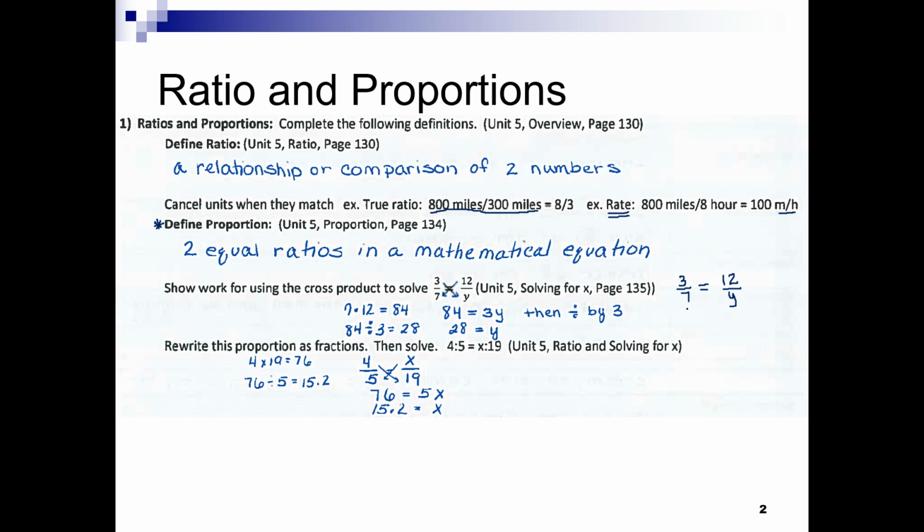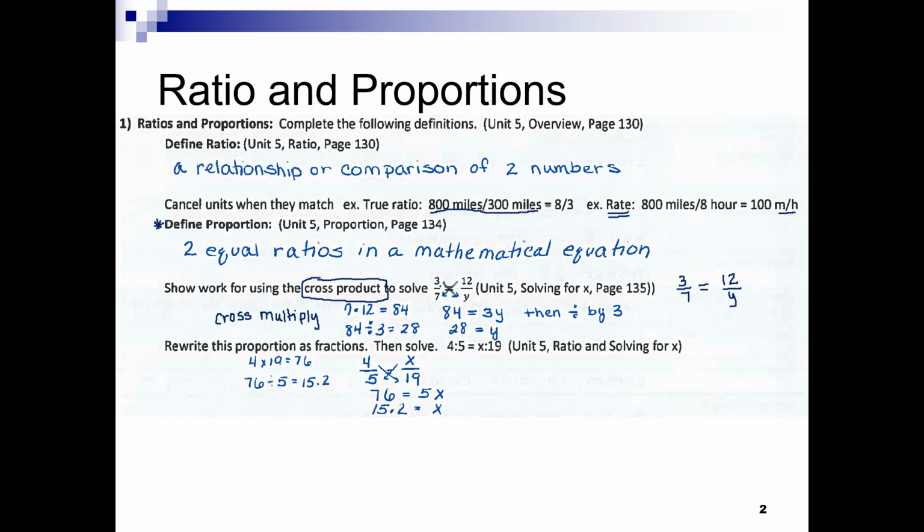One method for solving a proportion is called the cross product, or you might have heard it called cross multiply. When we do cross product or cross multiply, what we do is we multiply diagonally. So this is what my little arrows are pointing to.